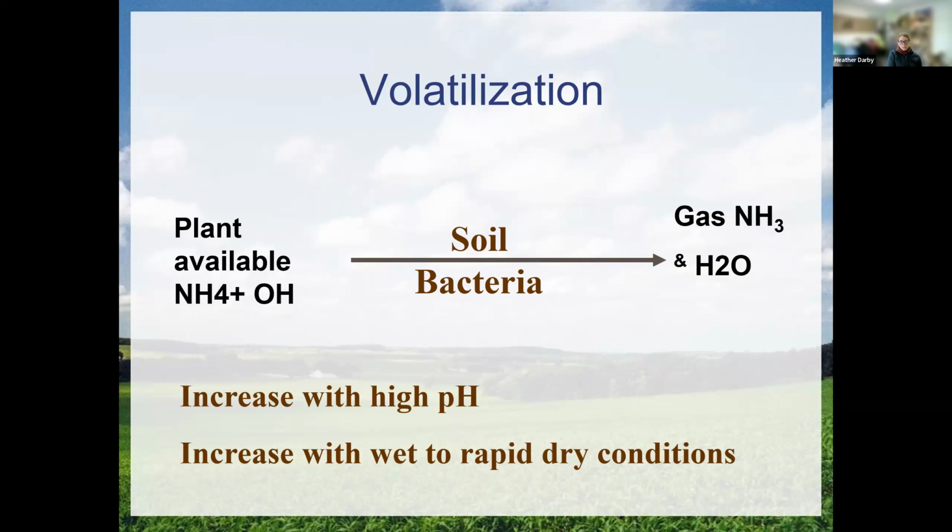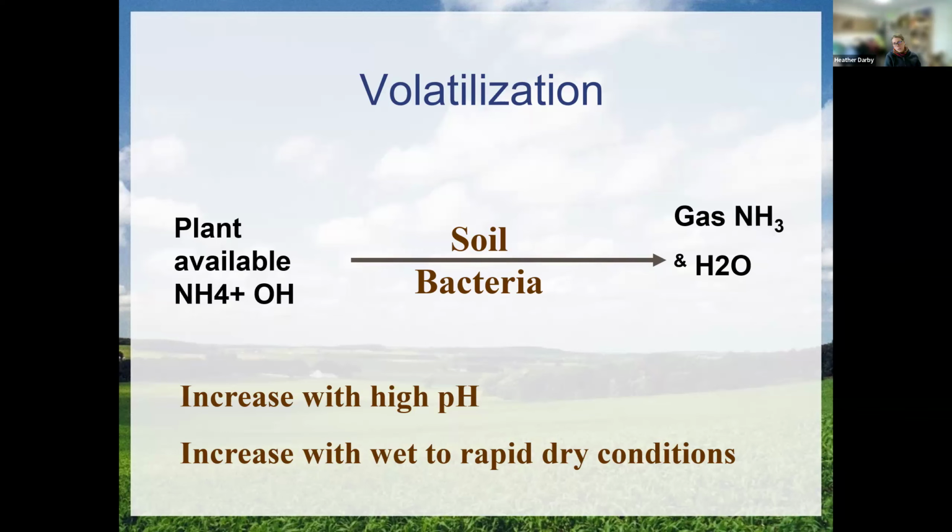So NH4 plus is converted to NH3, which is a gas. And this is very, very common. And we actually will sort of calculate for these losses in your NMP.